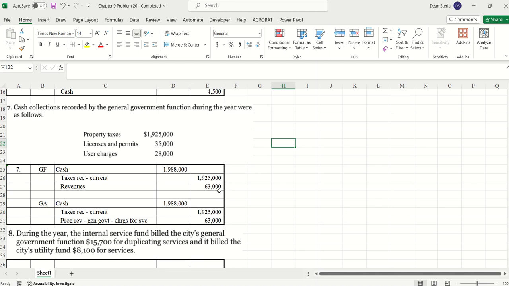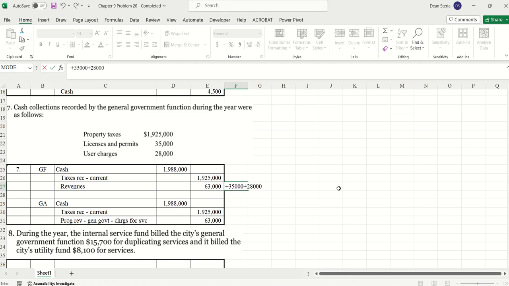And again, that's all that was collected here. That 63 comes from where? It's the total of the licenses and permits and the user charges. So if you add the 35 plus the 28, that's where you get the 63. Okay, so I'll write that out for you.